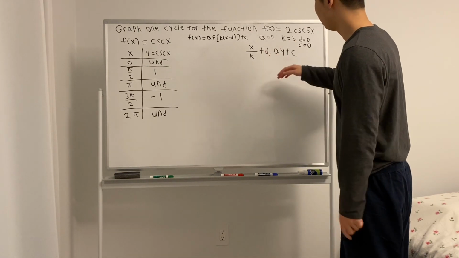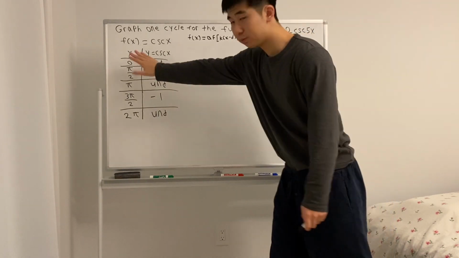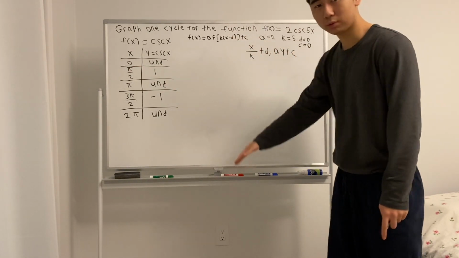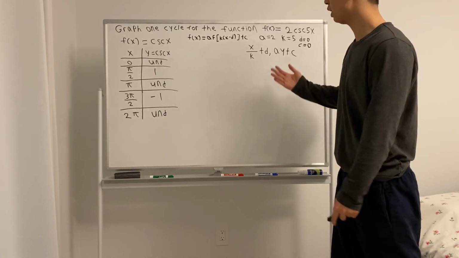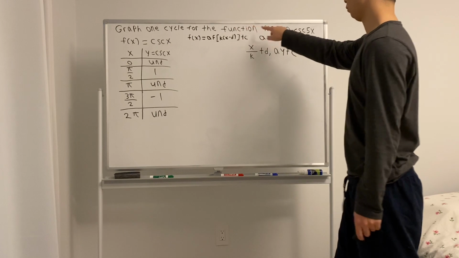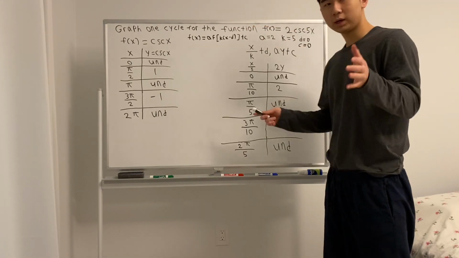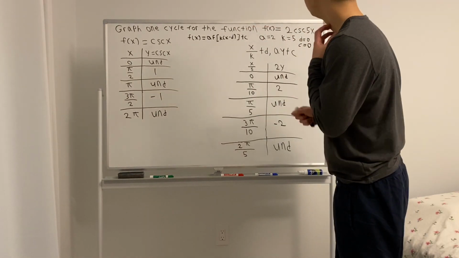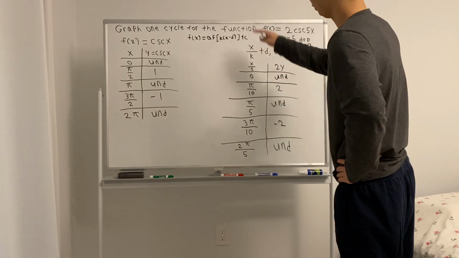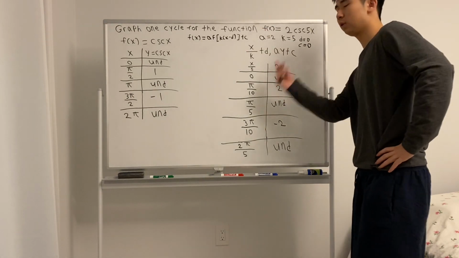So now I'm going to put these points into this transformation format to get my new x points and new y points, and then once I do that, I can just plot those points on the new graph, and then I will have graphed one cycle for this function. Okay, so basically I used this transformation format, so x over k plus d for the x values and a times y plus c for the y values.